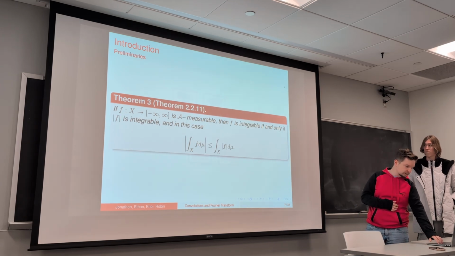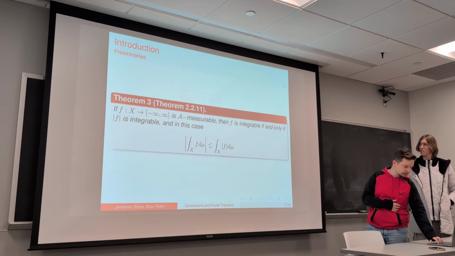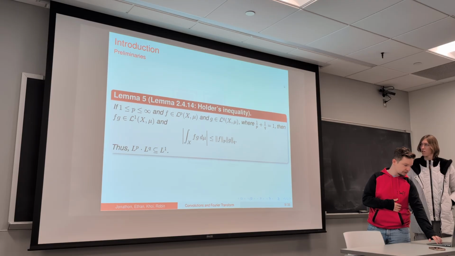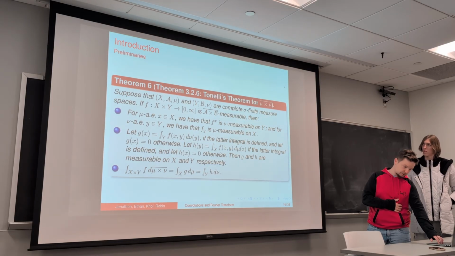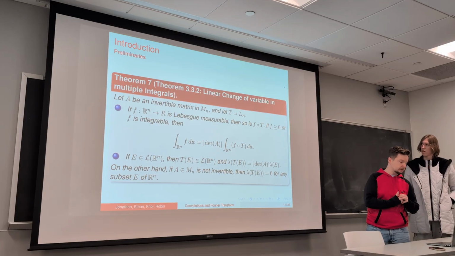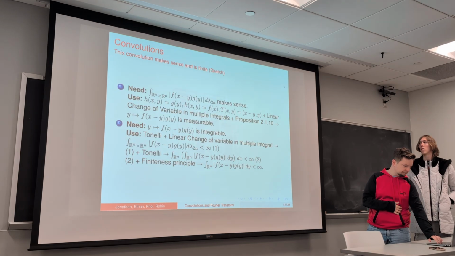That was really important. 2.1.11 is the absolute value inequality for integrals. Then translation invariance, where we can shift the function over. Holder's inequality for 1/p plus 1/q equals 1. And of course Tonelli and Fubini are going to be used, as well as, from group A, the linear change of variables, which was really important for convolutions.